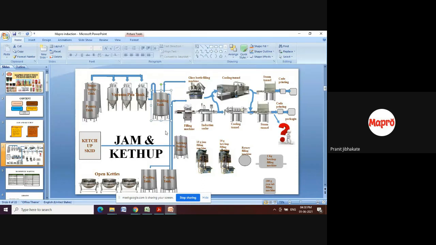Okay. So that is the basic difference. In vacuum pan, we require less temperature. Less temperature means less loss of nutrients also. We can say that. So here I'll require 100 degrees, here I'll require 70 degrees.